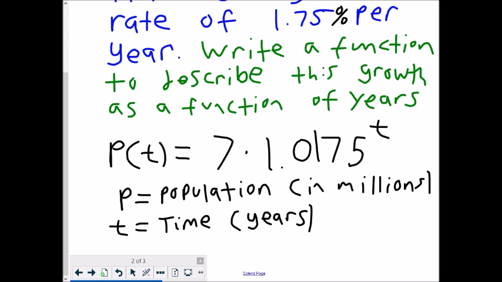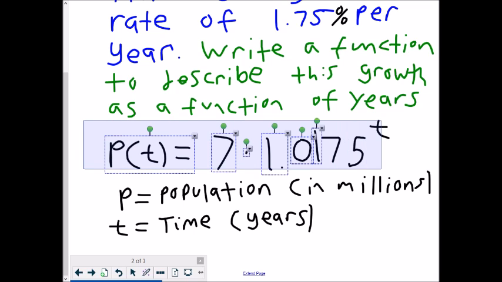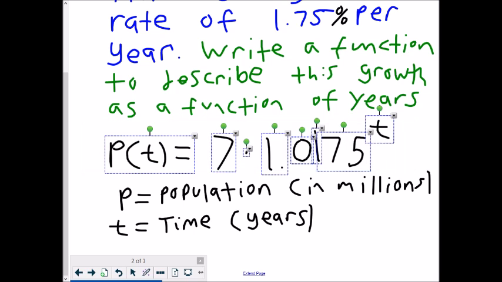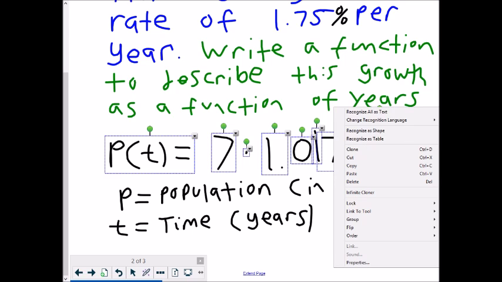While we're on this subject of exponential functions, let's go over some more questions that you might get asked.